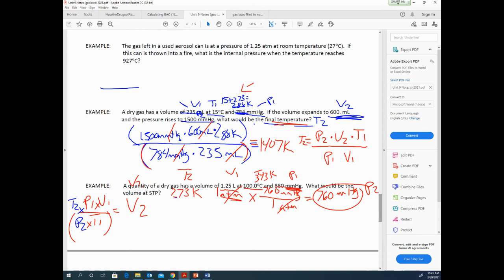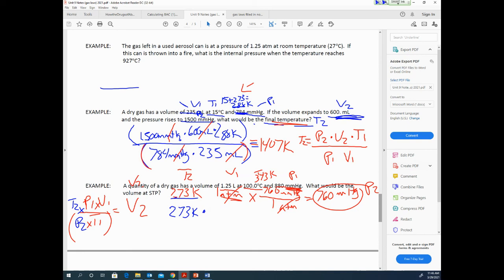All right, so it says T2. T2 was the standard temperature, which is 273 K, multiplied by P1.